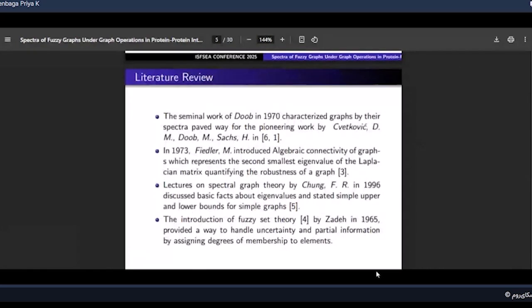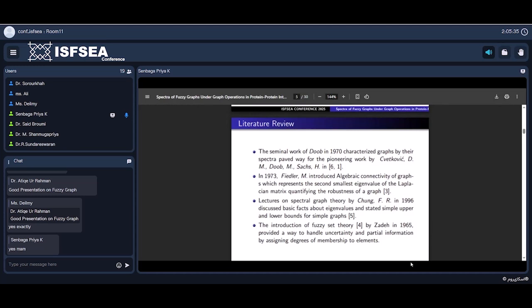Later, in 1973, Fiedler introduced the algebraic connectivity of graphs, which represents the second smallest Laplacian eigenvalue, quantifying the robustness of G. Lectures on spectral graph theory by Chung discussed basic facts about eigenvalues and stated simple upper and lower bounds on simple graphs.